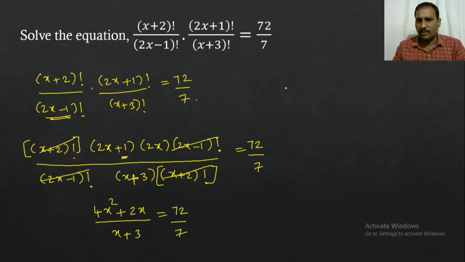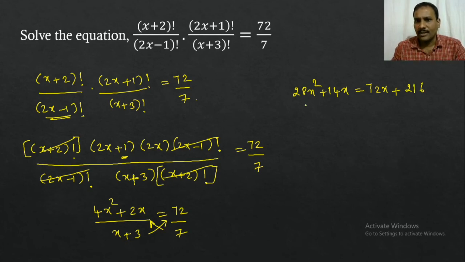Now if you simplify this, you will get 28x² + 14x is equal to 72x + 72 into 3, that is 216. Now if you simplify more, 28x² + 14x - 72x - 216 = 0.